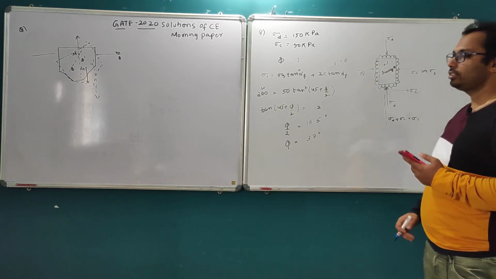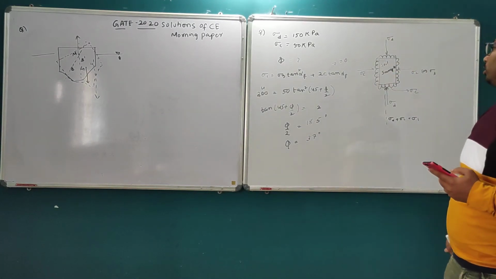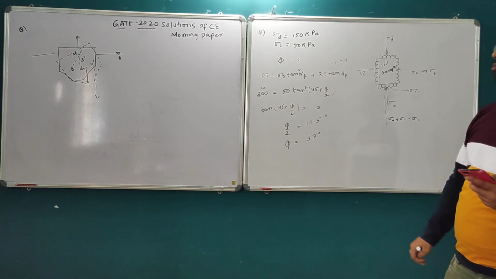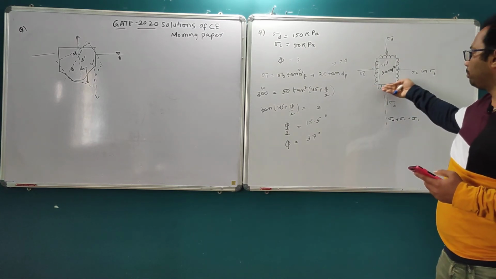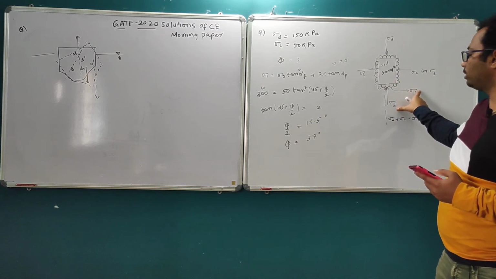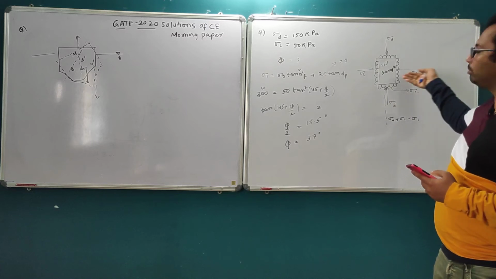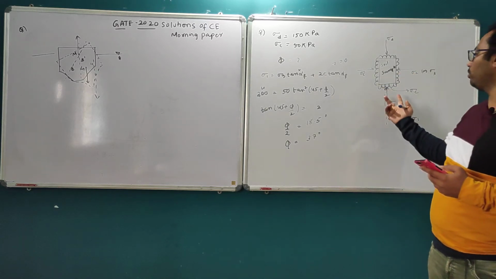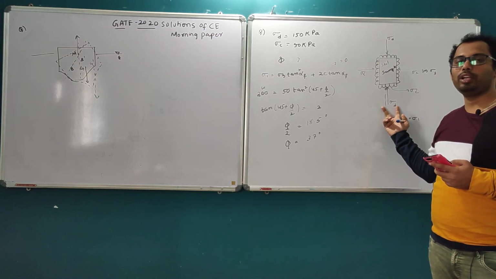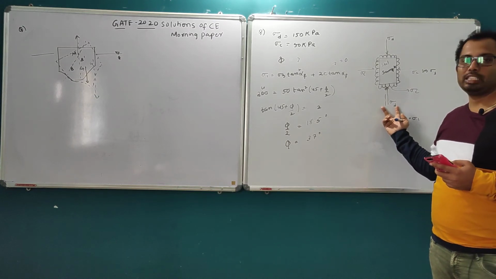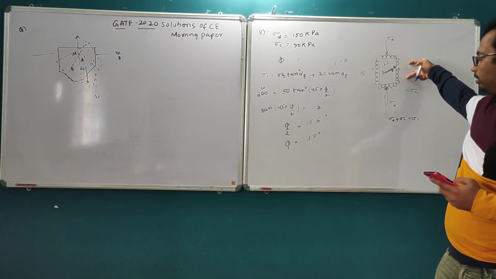After some time we put a deviator stress on the soil sample, which is additional stress apart from the confining stress. On this plane sigma d plus sigma c is acting, and on this plane only sigma c is acting. The total stress on this plane we take as major principal stress, and on the other plane minor principal stress.